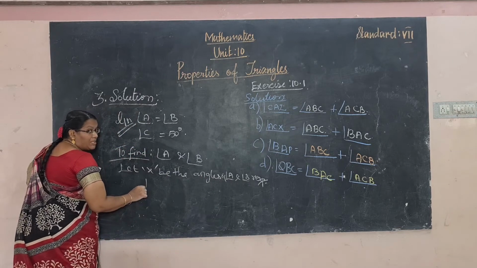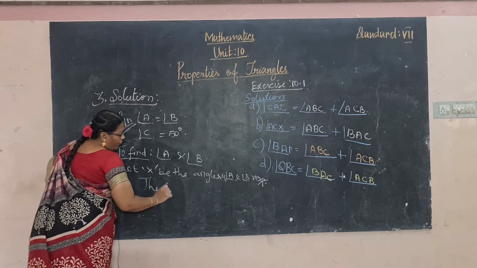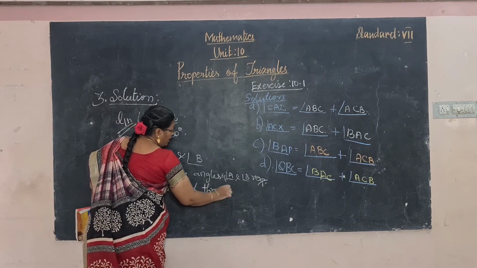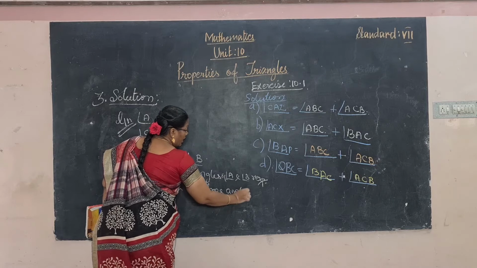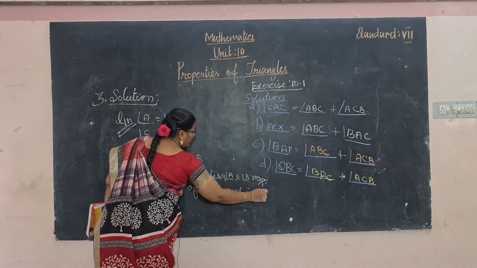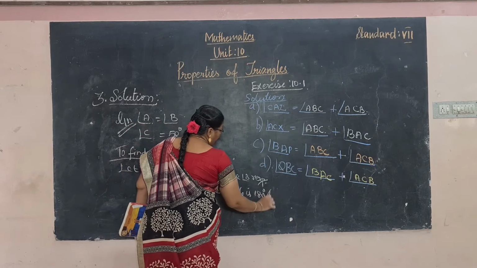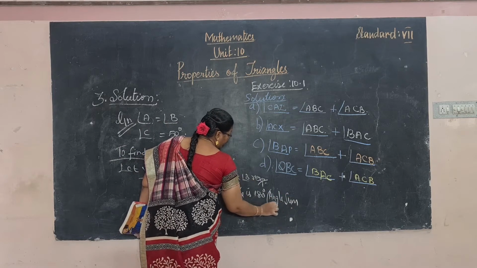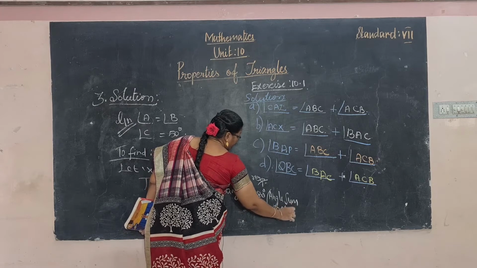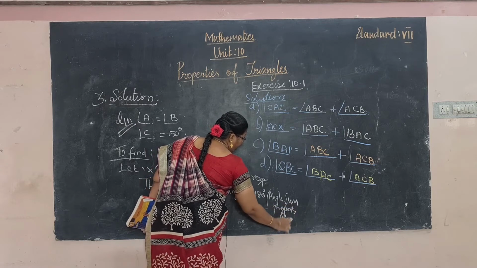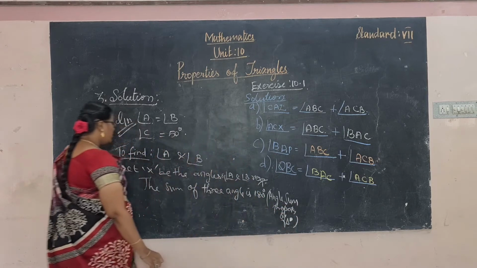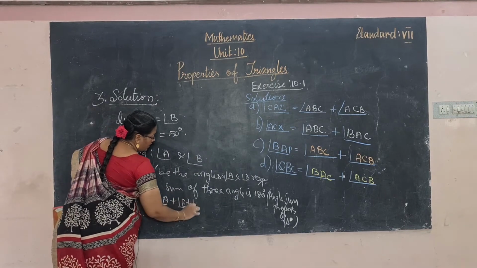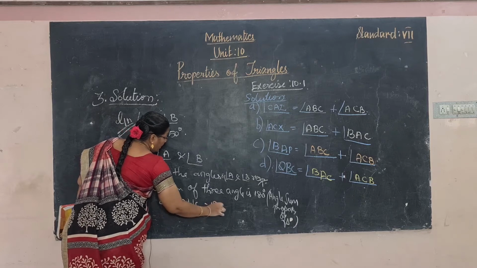Now using the angle sum property, the sum of the three angles is 180 degrees. So angle A plus angle B plus angle C is equal to 180 degrees.